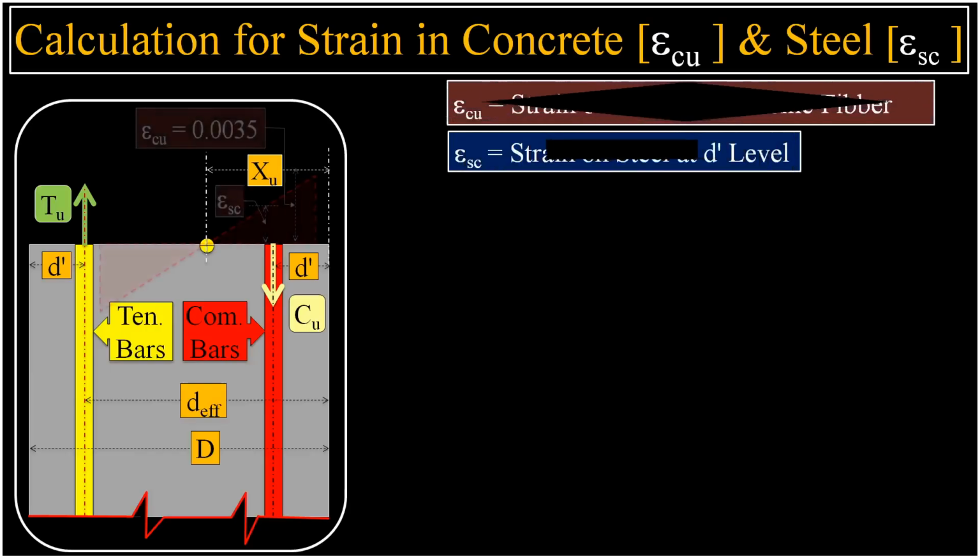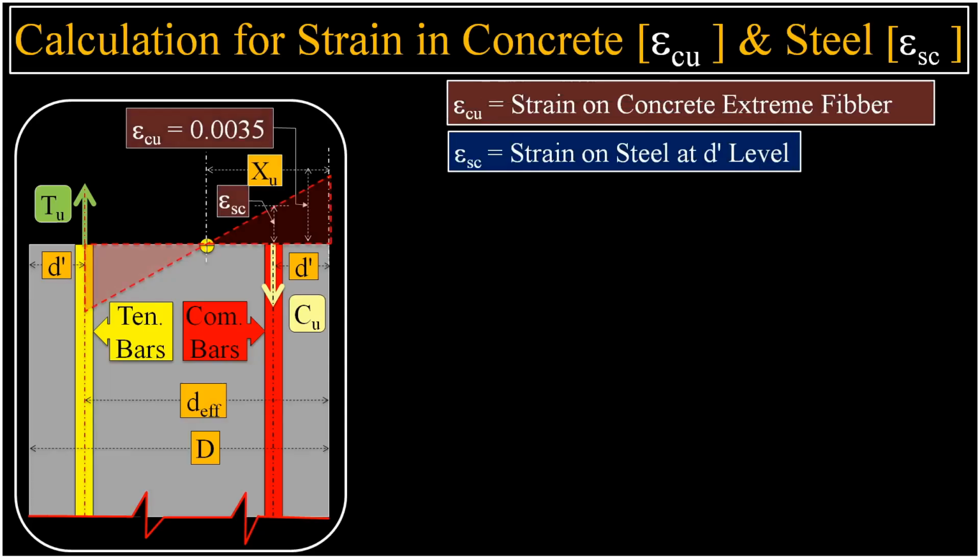The fundamental assumption of the limit state method is that the strain at the concrete extreme fiber, epsilon Cu, reaches its maximum crushing limit of 0.0035.